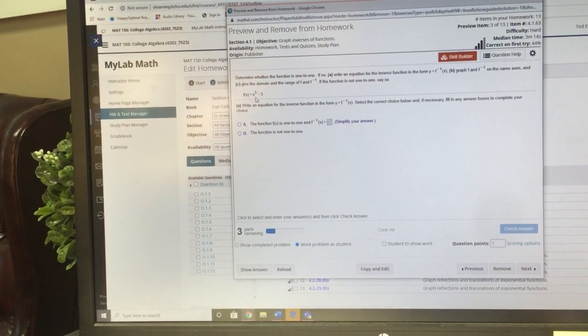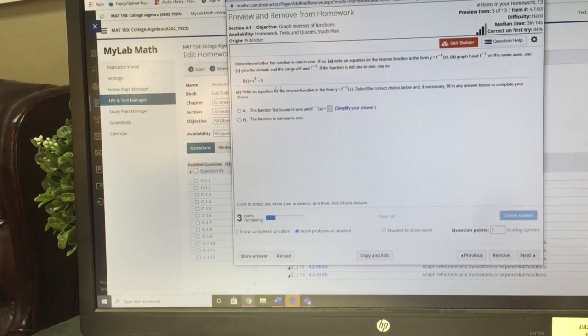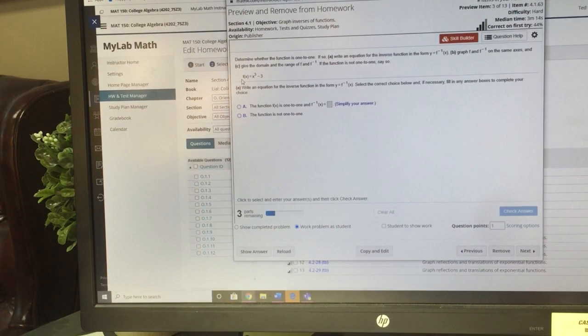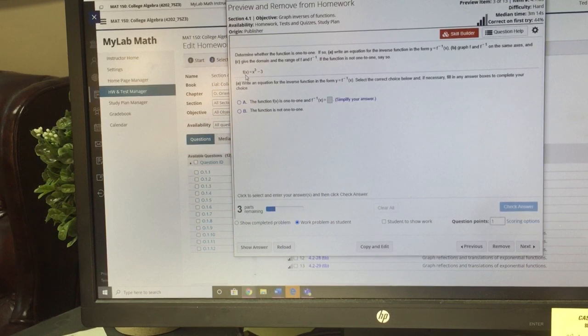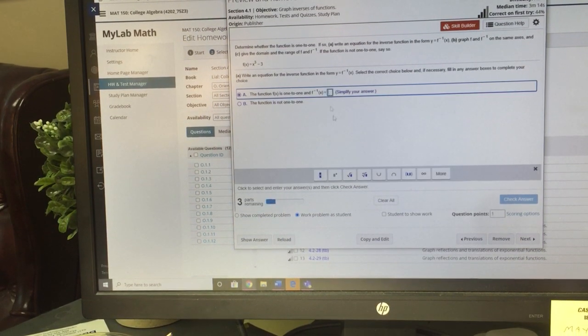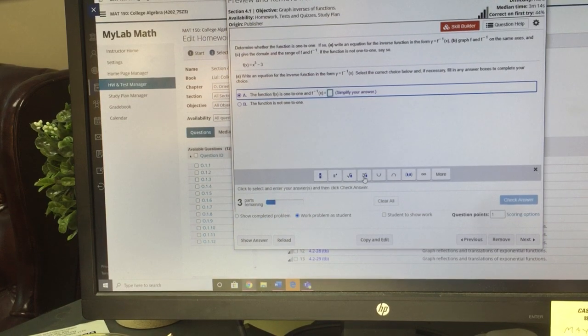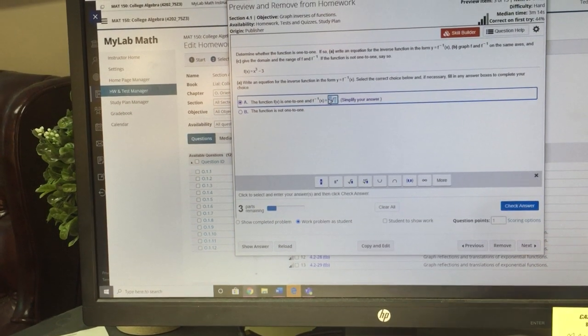All right, so this one right here, if I change it to y, I'm doing this in my head, I'll add the 3. So I'll have y, I'll swap x and y, so I have x plus 3, and I have a third root. So I just click this.